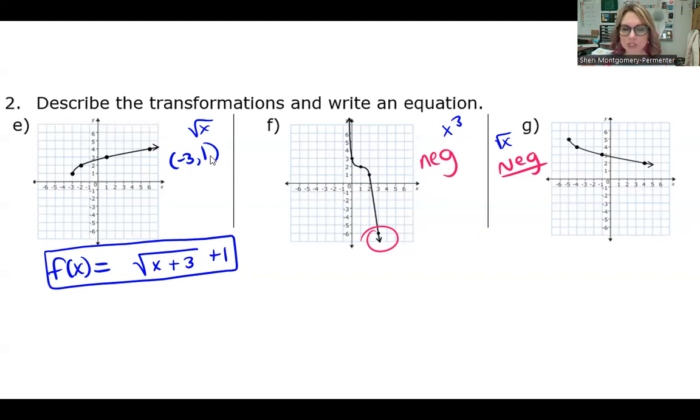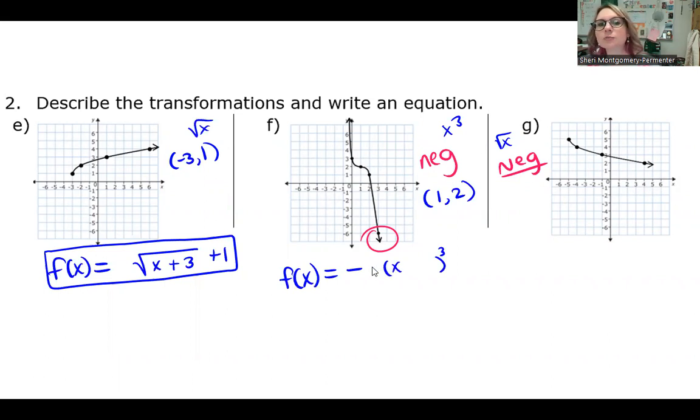My second equation for f, what is my center point? 1, 2. So when I write my equation, this one is a negative, so negative has to go first. Then I'm going to leave my little bit of space. I have my x grouping, and it's going to be cubed. So in front of the x grouping, I'm reflected.